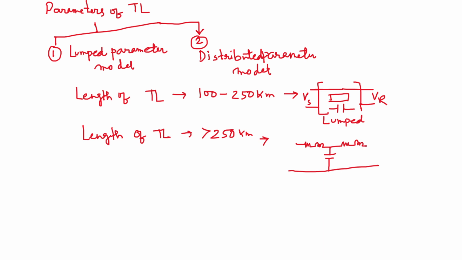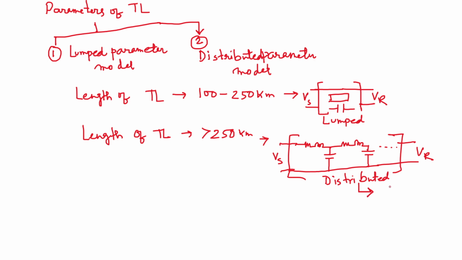So this is called the distributed parameter model. This is Vs, this is Vr. This distributed parameter model will give you a more accurate result.